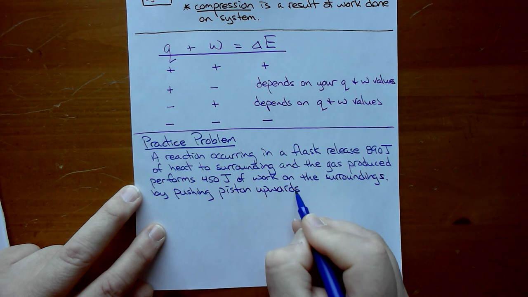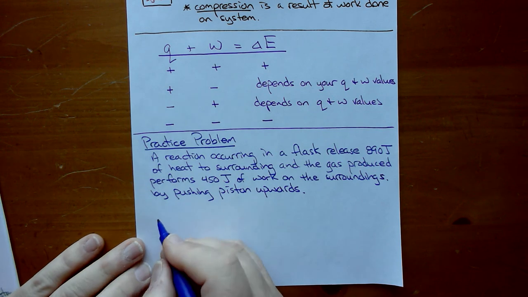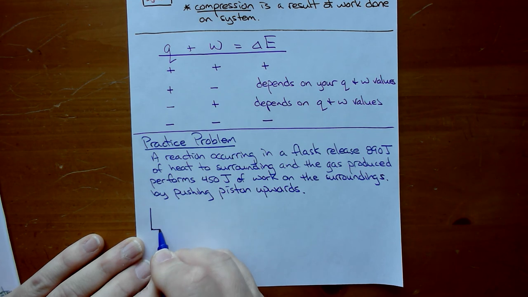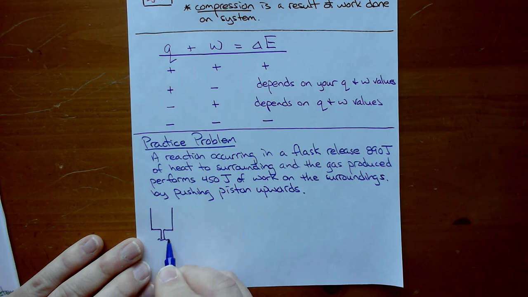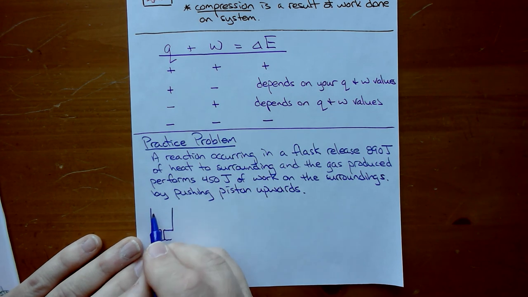Okay, I'll try to do the best I can to draw this. So it's kind of like if I have my piston here, and it's connected to a flask here, and then I'm going to just draw a line. So this is the flask down here. But we have the piston, and you have an initial volume here.